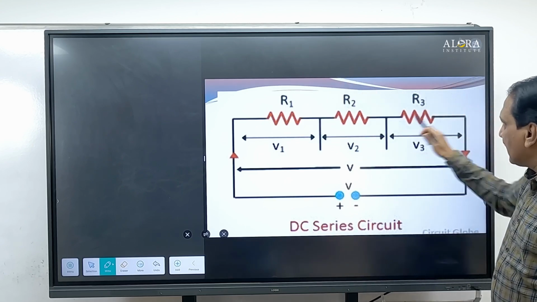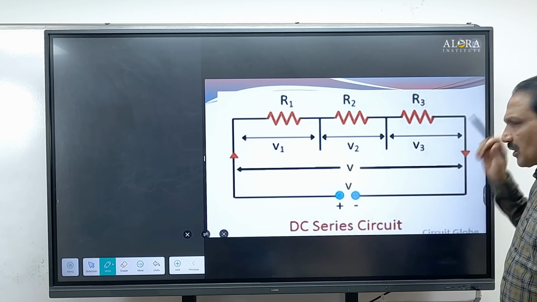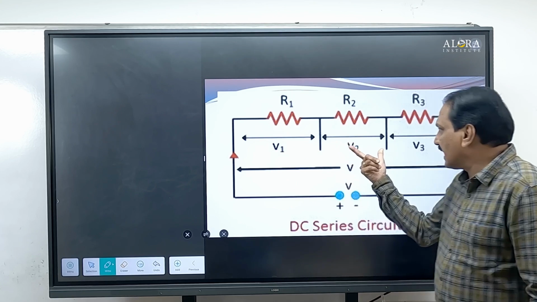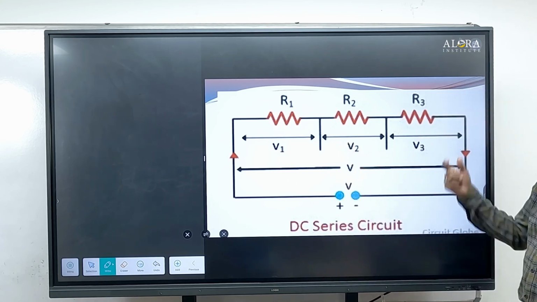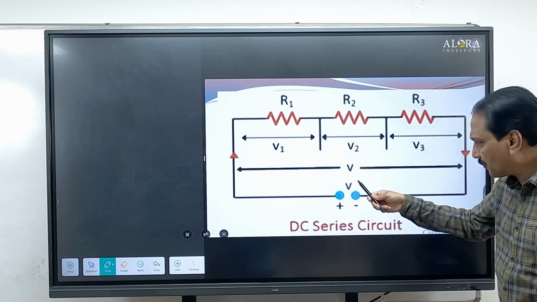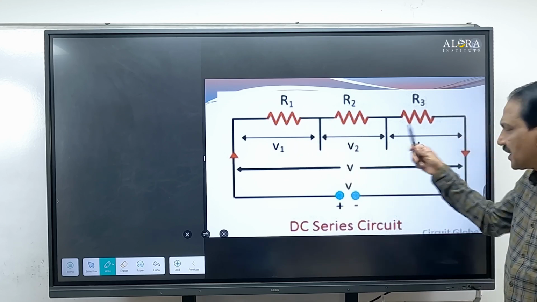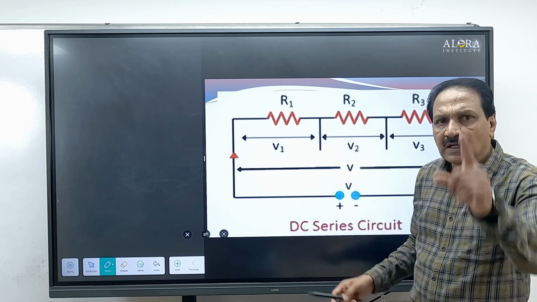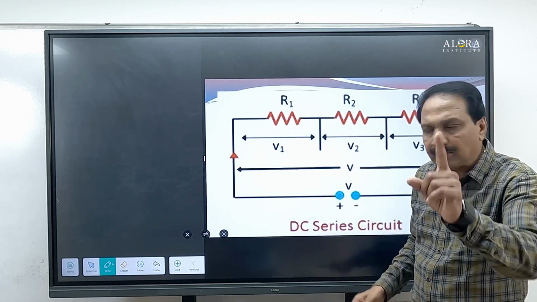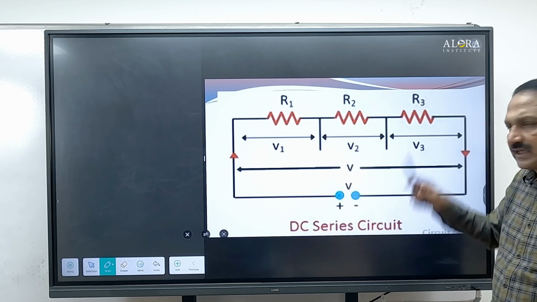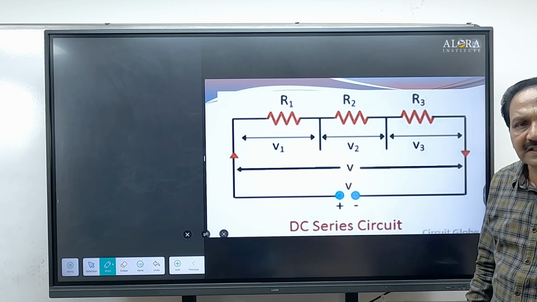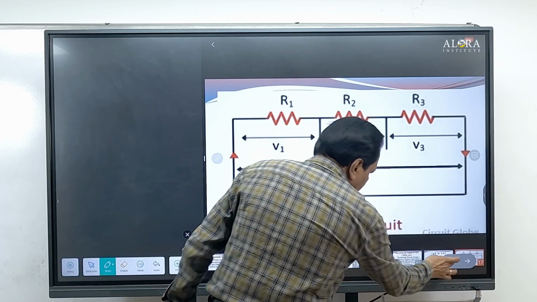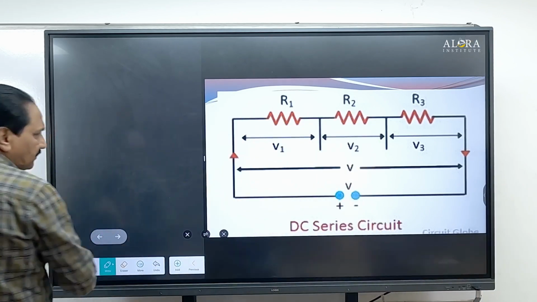The potential difference across R1 is V1, that of R2 is V2, that of R3 is V3. So the total voltage V is the sum of all three voltages. Remember, in the series connection, the current remains the same, but the voltage gets divided. Is that clear? Well then, let's go for the next connection here.